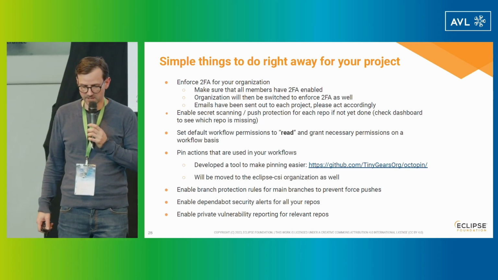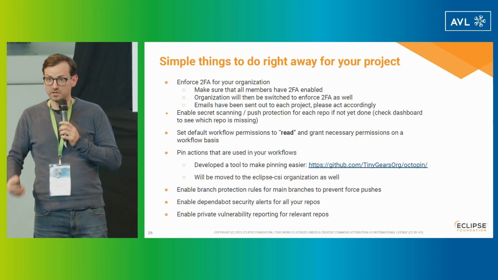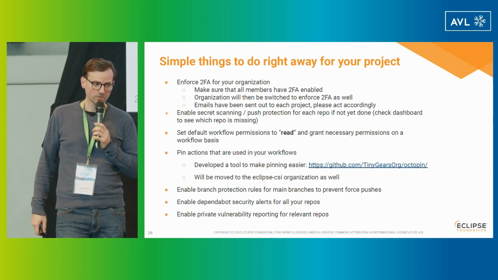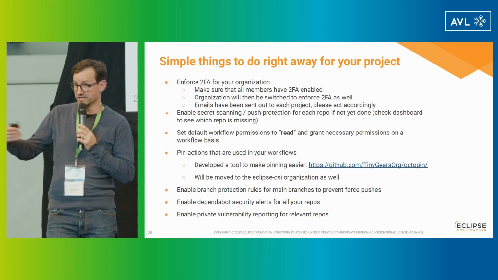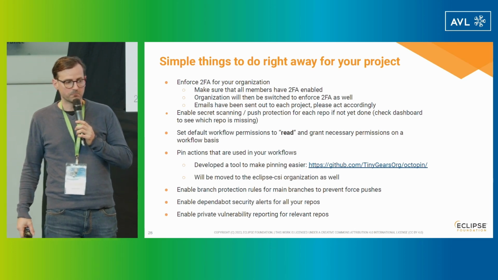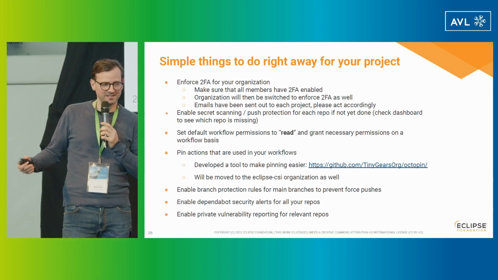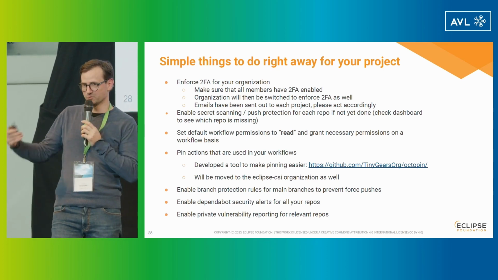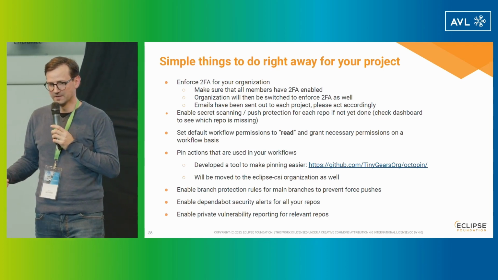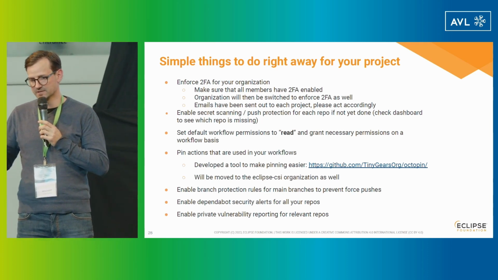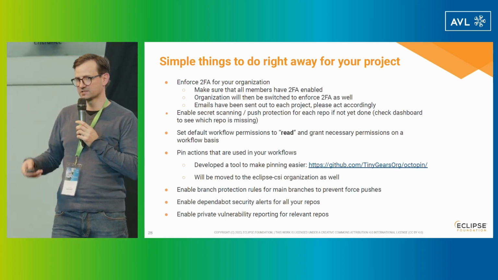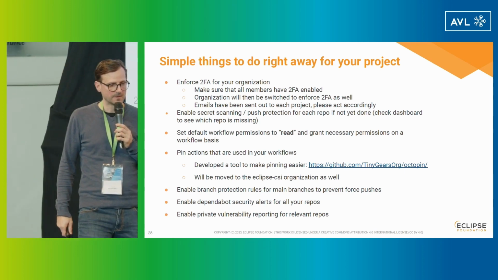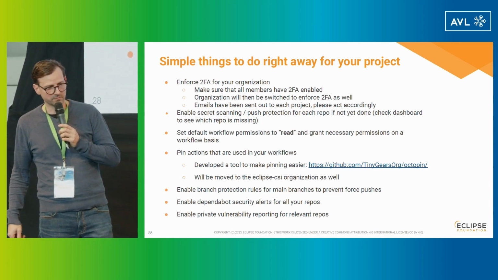My colleague, Michael Bavero, has sent out emails to all the projects where this is not the case yet. If you have received an email like that, please act on it, so we can actually do that. If you're unsure whose members have this still not enabled, reach out to us. We will give you the list, so you can actually reach out to them yourselves.